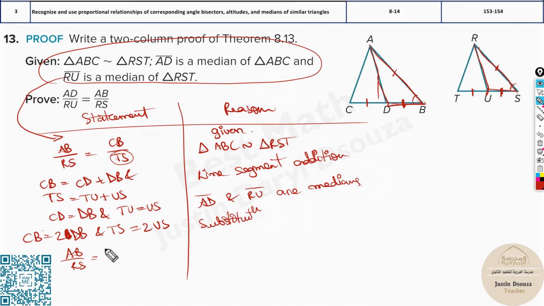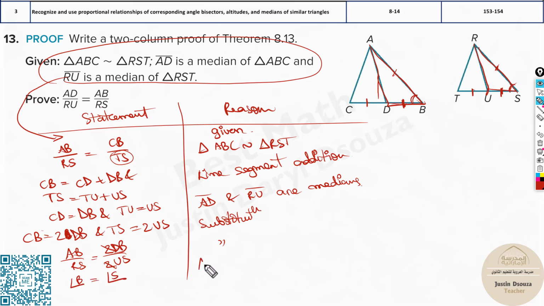So over here you have 2 DB divided by 2 US, and the 2 and 2 cancel. So you're remaining with AB by RS and DB by US. Again, this is substitution. And then now I can tell angle B and angle S are the same. Angle B is equal to angle S.